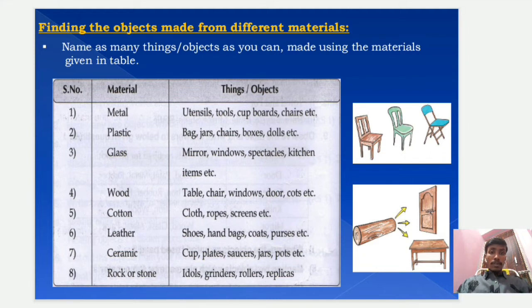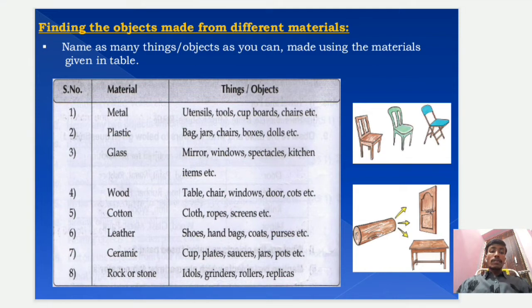In the table, the metal material is used to make utensils, tools, cupboards, chairs, etc. And plastic is also used to make bags, jars, chairs, boxes, dolls, and the like.